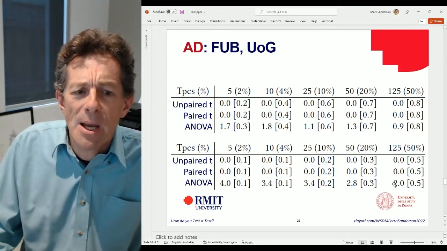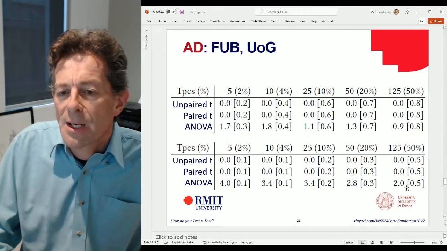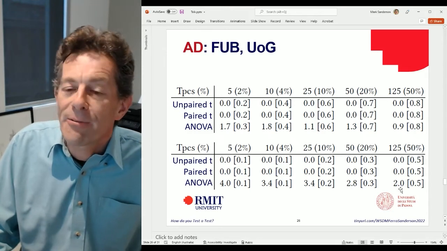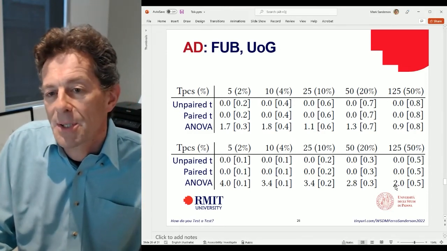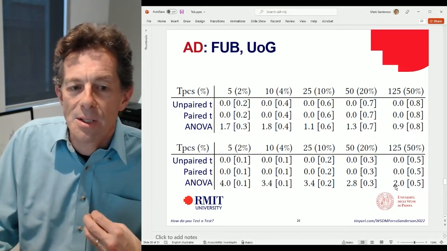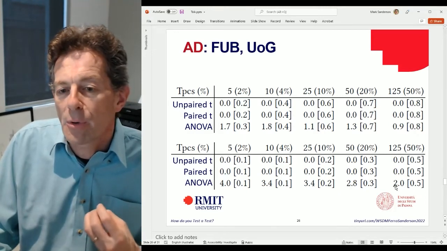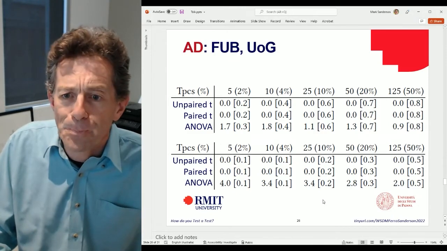So we see a measure here, say, for ANOVA on the University of Glasgow runs, where it's getting 2 ADs. And this is over a small number of runs and about 40 comparisons. So you're getting 2 ADs out of about 40 comparisons. That's really just too many inconsistent, significant decisions that the test is making. And that really tells us that ANOVA is not yet ready for use by researchers.